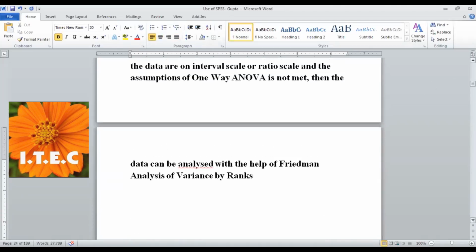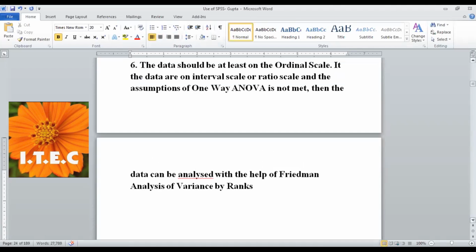And another assumption is that the data need not be normally distributed. You need not have the normal distribution. Now, these are some of the assumptions which you may like to keep in mind.